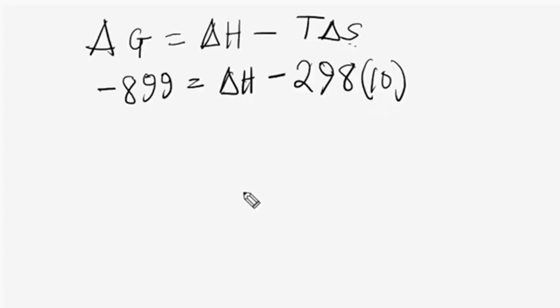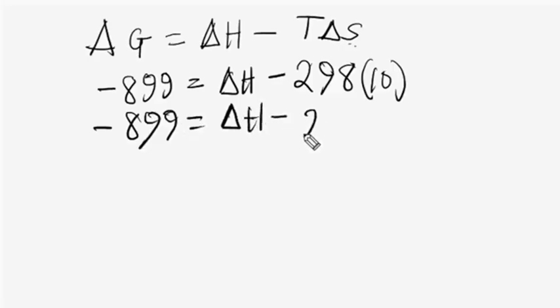All right, so with this here, we're going to have negative 899 is equal to delta H minus 298 times 10. Now this multiplied by 10 is going to be this.